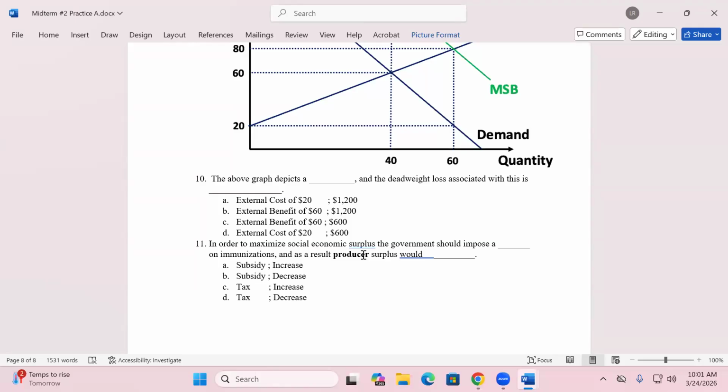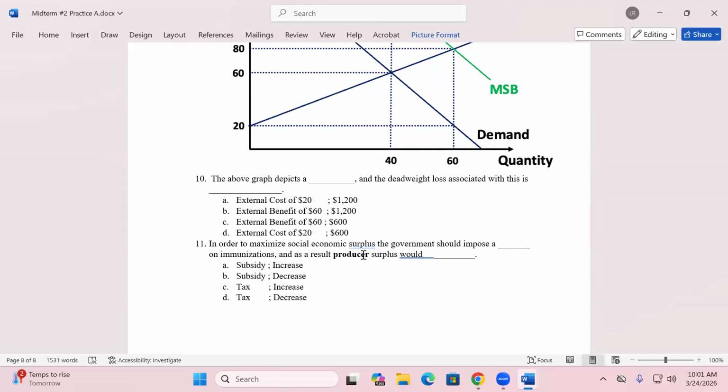So with a subsidy, we said this higher price, well, if the price is higher than it was before, who is that going to be a good thing for? If I'm buying something, is a higher price good? No. When is it good? If I'm selling something. So the price that the sellers receive is now going to be higher.